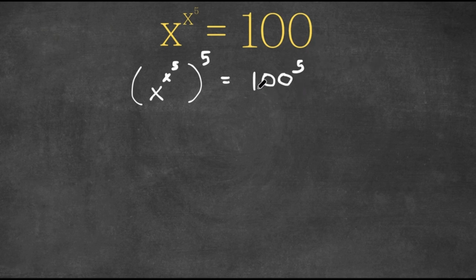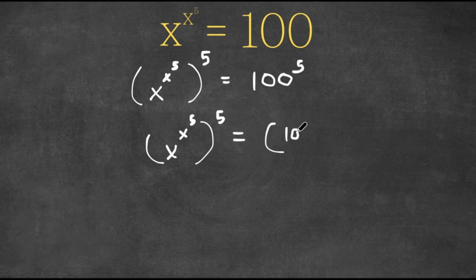Now, I'm going to change the 100 to 10 squared. So now we have x to the power of x to the power of 5, to the power of 5, and this is equal to 10 squared to the power of 5.